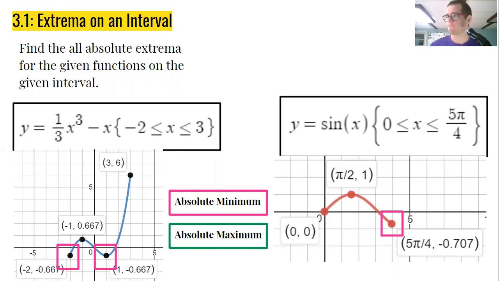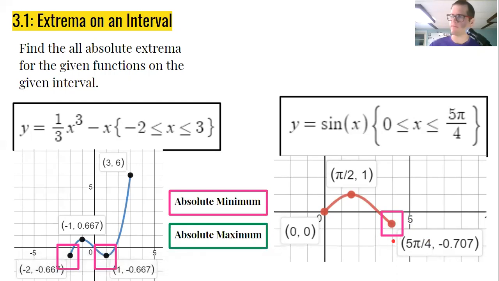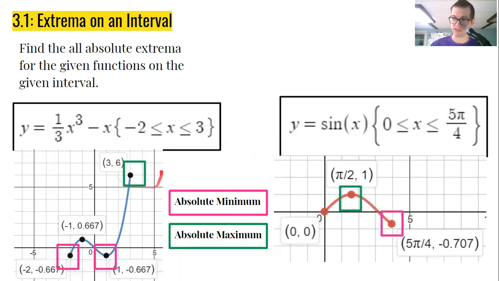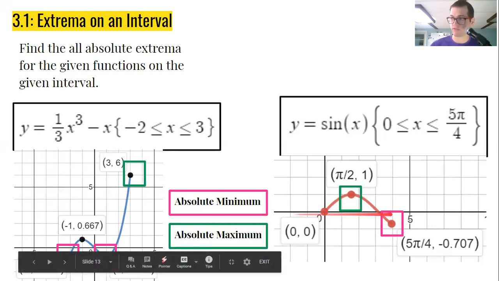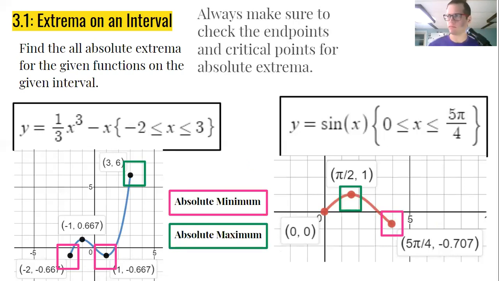Okay. And over here, we can see 5 pi over 4 is our absolute min. And there are our absolute maxes. For this first one, the endpoint was my absolute maximum. But for sine of x on this interval, the critical point was the absolute max. So you've got to be careful.